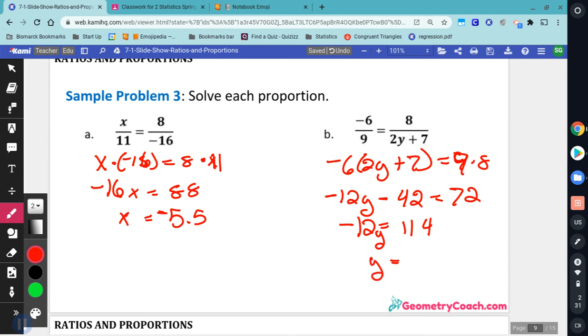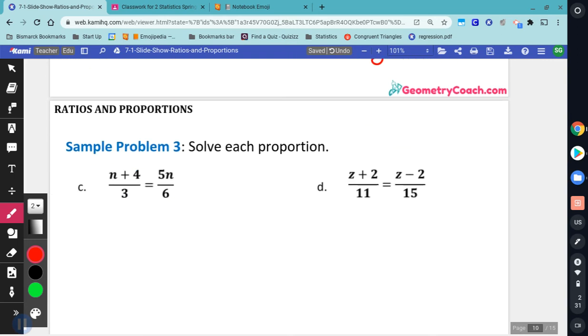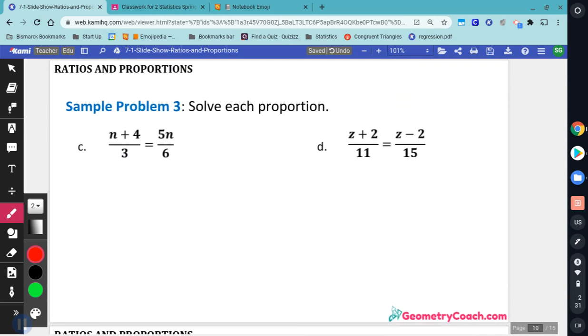So I got y equals negative 9.5. Okay. All right, we got two more.